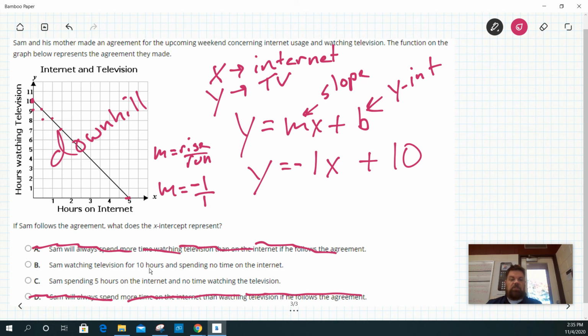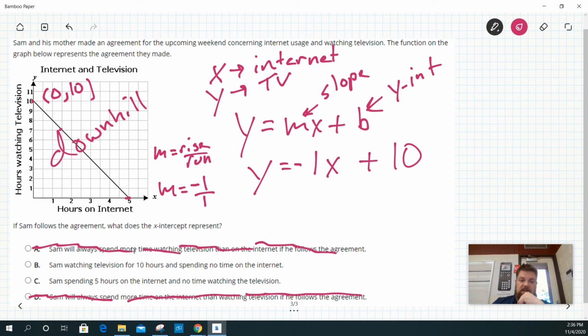So Sam watching television for 10 hours and spending no time on the internet. Well, this is the tough one, because if I look at that graph very carefully, it is somewhat true that this looks to cross right here, which would be the point (0, 10), where remember X represents the internet and Y represents the television.